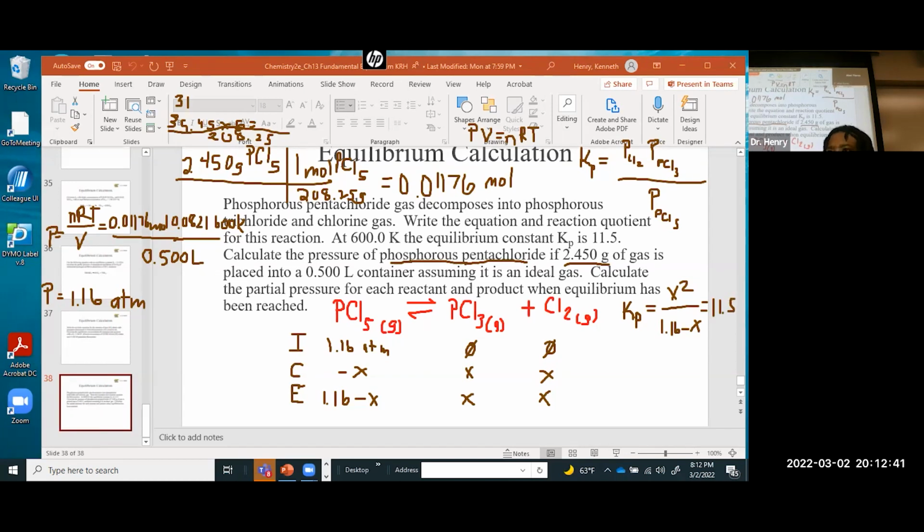So if we assume the 5% rule, what am I going to do? So we'll just get Kp equals X squared over 1.16 equals 11.5. So we get x squared equals 11.5 times 1.16.